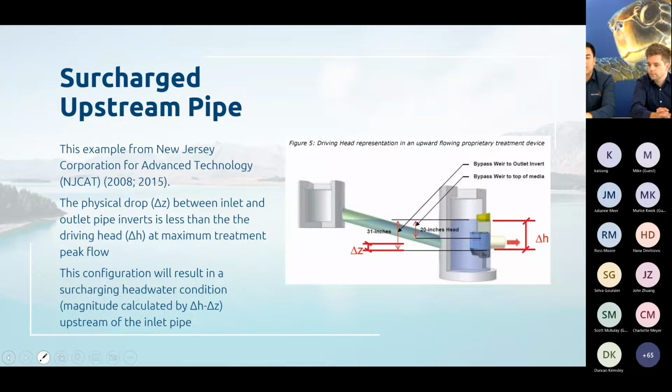So it is important to remember that when you are creating that backwater, it will actually surcharge your upstream pipe.